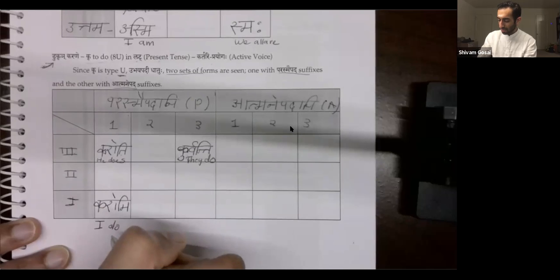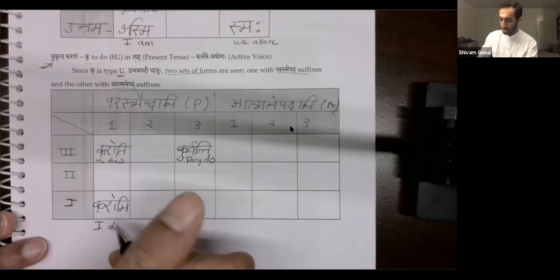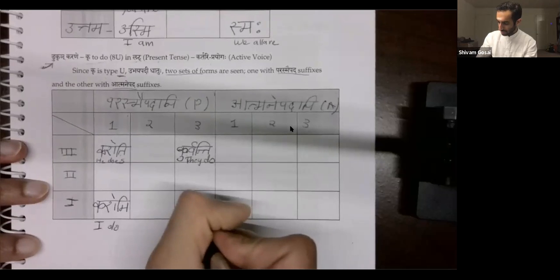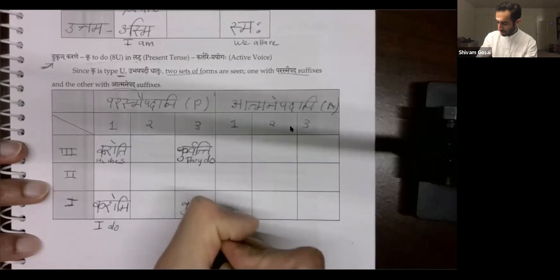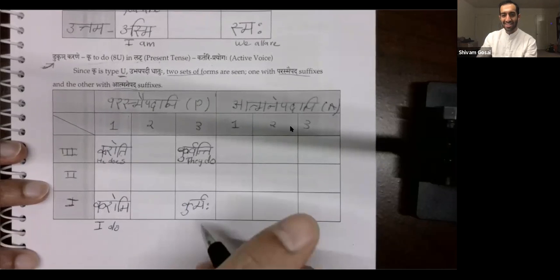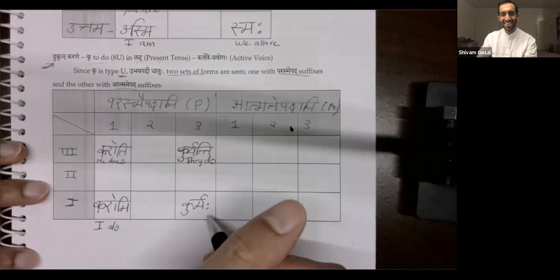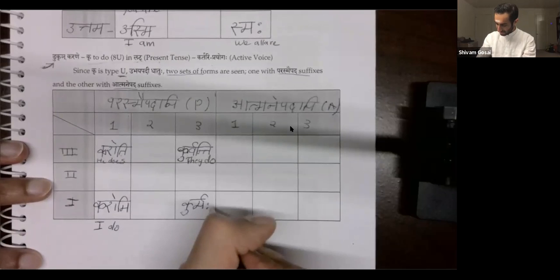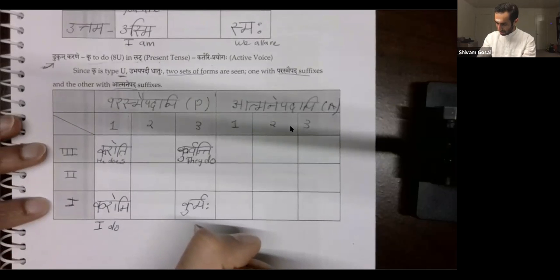Idam karma karomi, so I do this karma. And then kurmaha. This is not like the sabji kurma, this is not navratan kurma. This is a verb, first person plural, meaning we do.